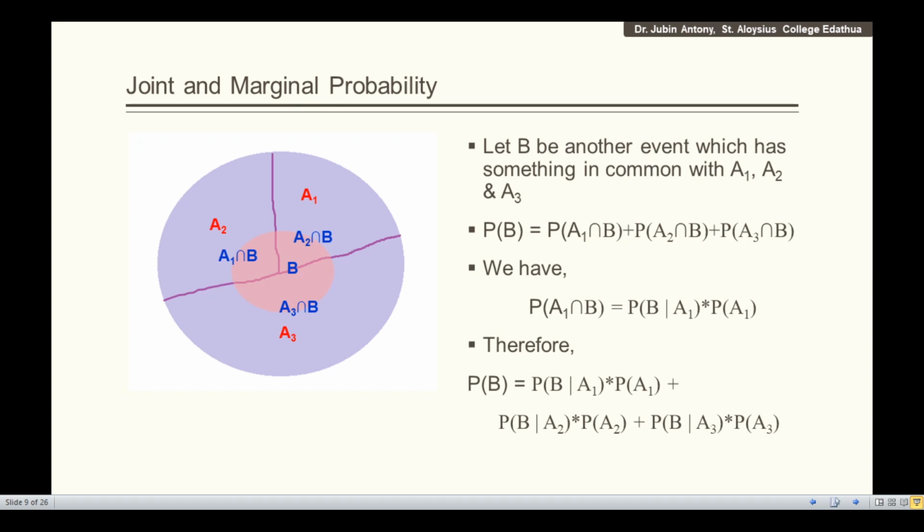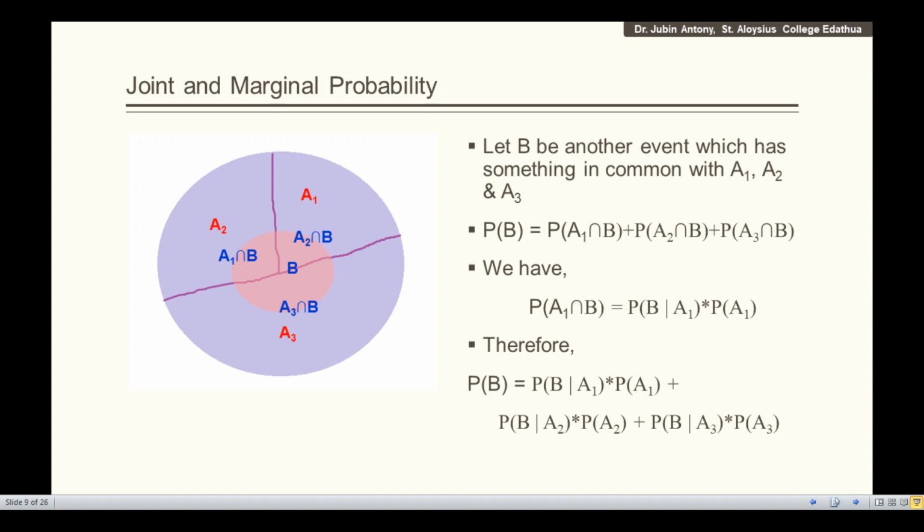Now consider another event B. The event B has something in common with A1, A2 and A3. Therefore, B is nothing but the combination of the area it has in common with A1, A2 and A3.